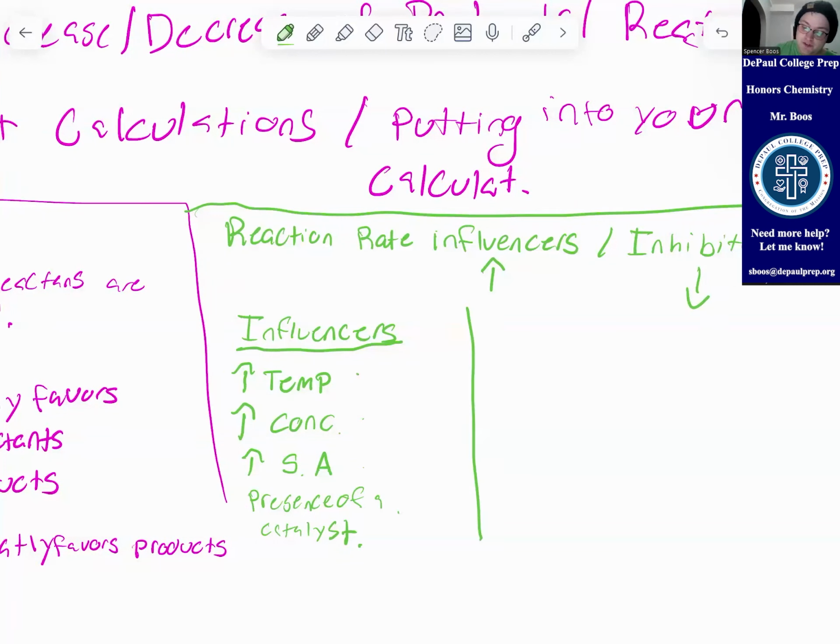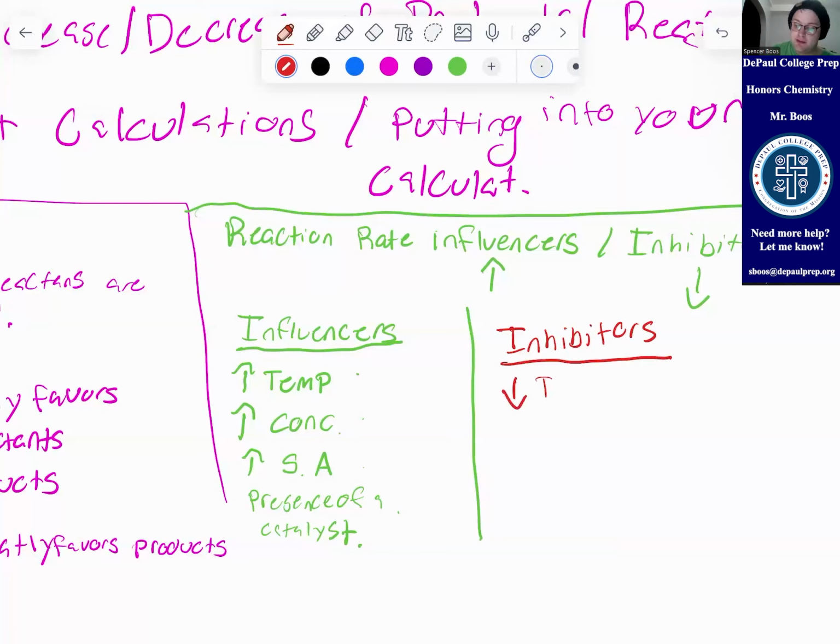So let's go over inhibitors. They all decrease. Decrease in temperature slows down the reaction. Decrease in concentration slows down the reaction. Decrease in surface area again slows down the reaction. And the presence of an inhibitor, which is the opposite of a catalyst.